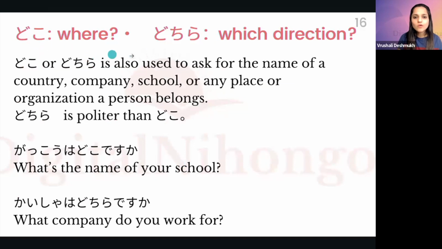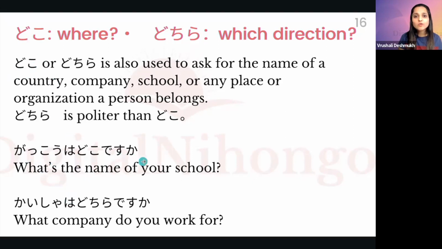Now, doko and dochira. These are interrogatives, question words. They are used for place, but there is also another context in which doko or dochira is used. When you are asking which company the person belongs to, or which country you are from, or which school, in that context we also use this interrogative doko.